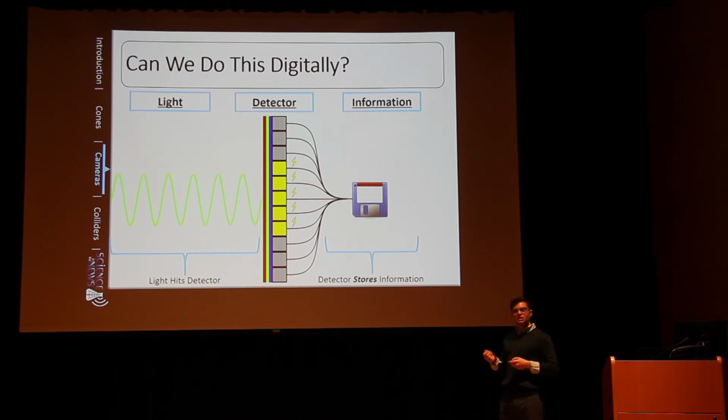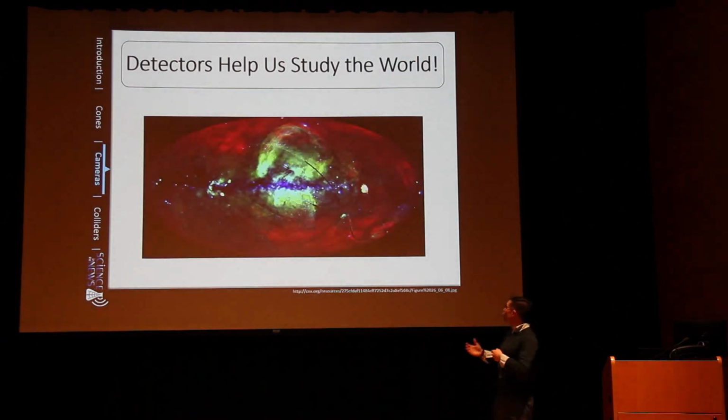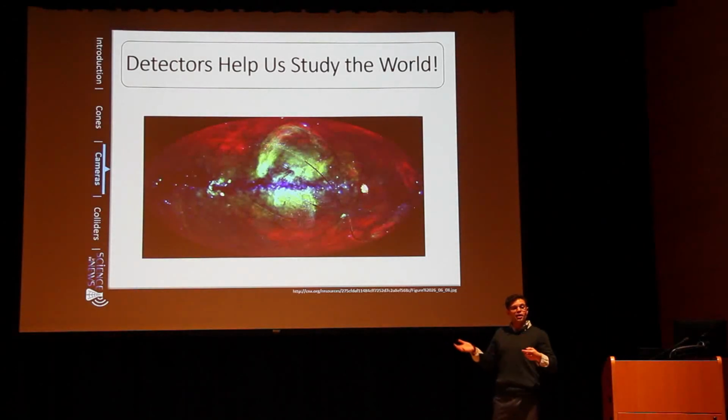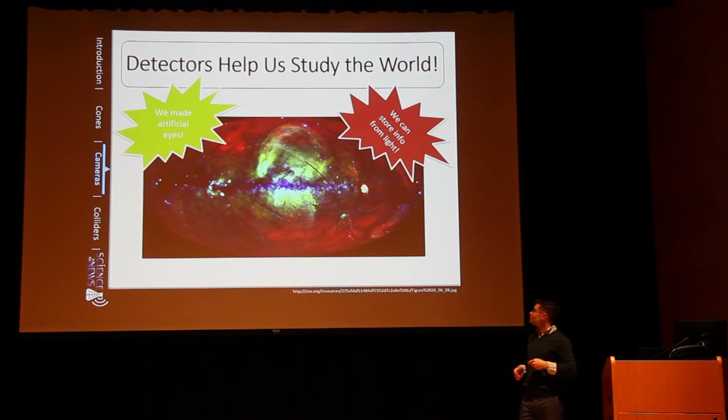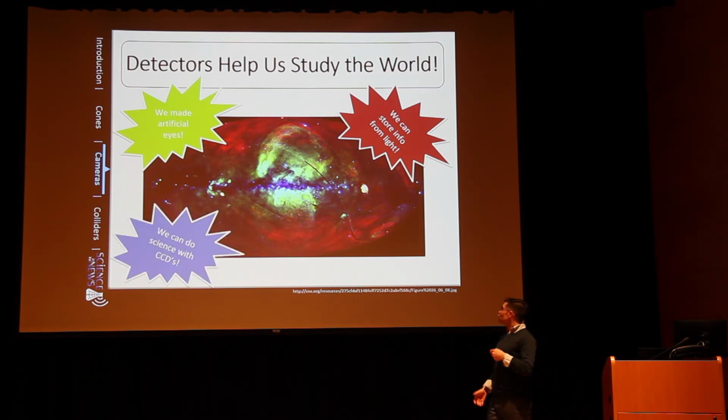What's special about our CCD is that it'll store the information from this light in a way that allows us to take cool pictures of science and learn about our world in a more interesting way than we could before. In this way, we can store the information from light. We can make these artificial eyes from film or CCDs. And finally, do really interesting things with these CCDs.